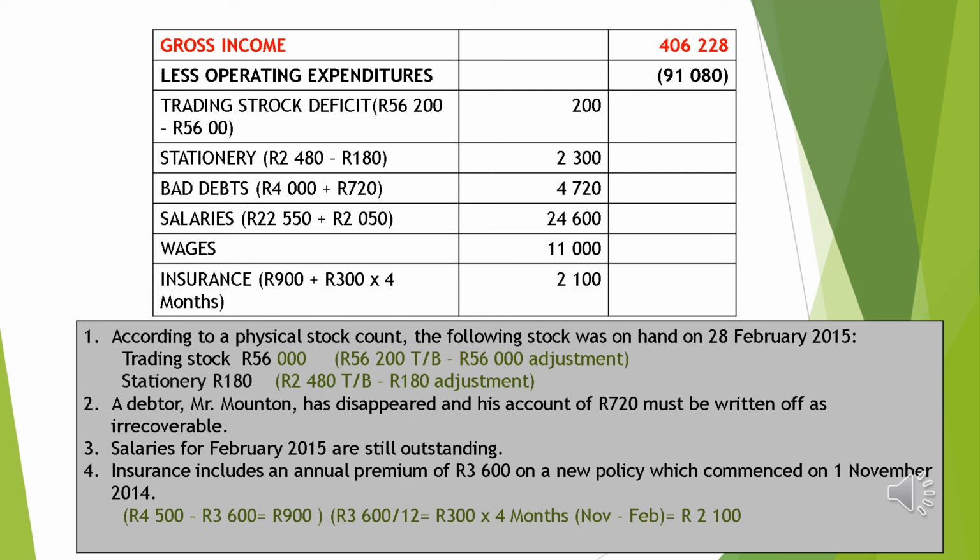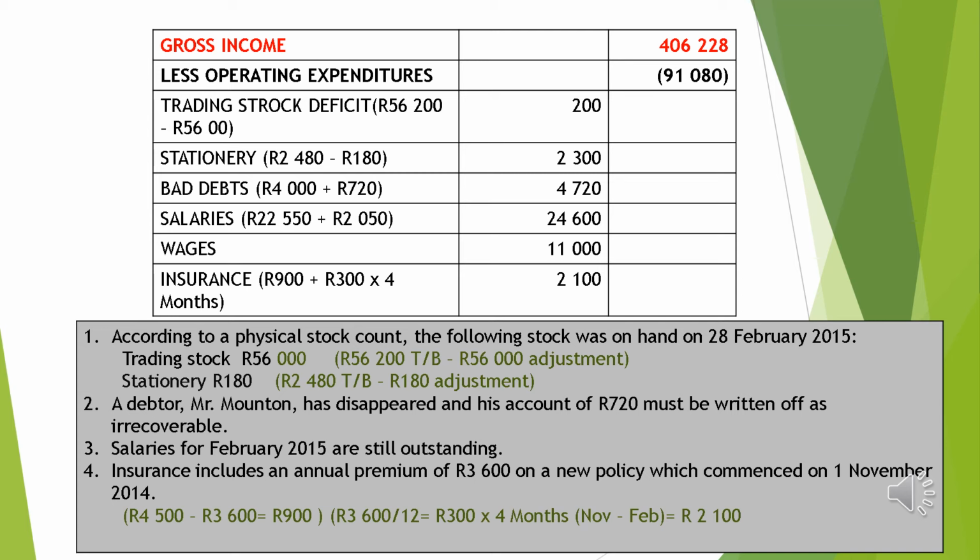We are going to say 4,500 rands taken from the pre-adjustment trial balance minus this annual new policy of 3,600.